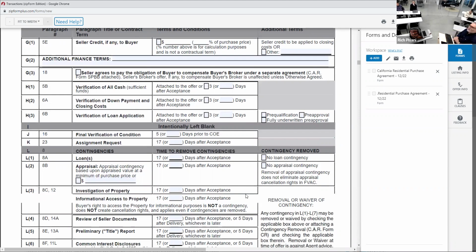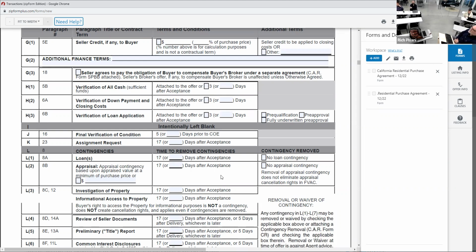Always have a great relationship with your lender, because there are limits to what the lender will allow. Also, going back to close of escrow, if you're shortening that time to less than 30 days, I would definitely check with the lender, making sure that they can honor that.